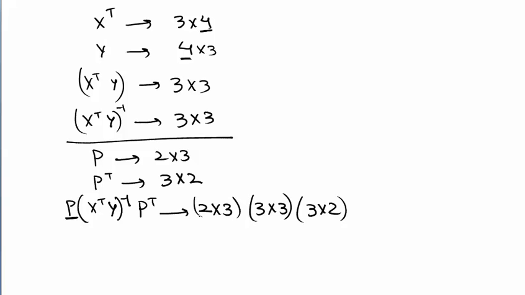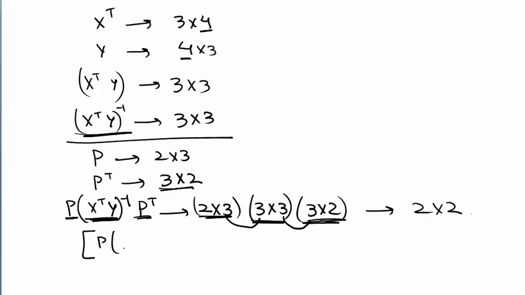This is P, 2 cross 3. This is X transpose Y inverse, 3 cross 3. And P transpose is 3 cross 2. So ultimately the inner dimensions will be cancelled out, and the order will be 2 cross 2. But the question was not this. The question was P into X transpose Y inverse P transpose and the whole transpose. So will the transpose change the order?